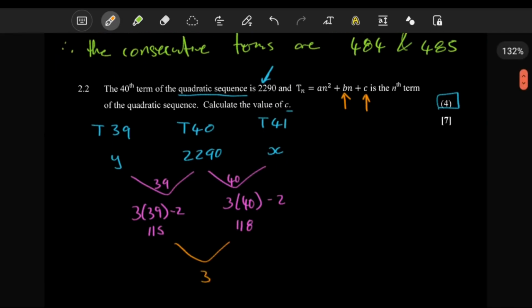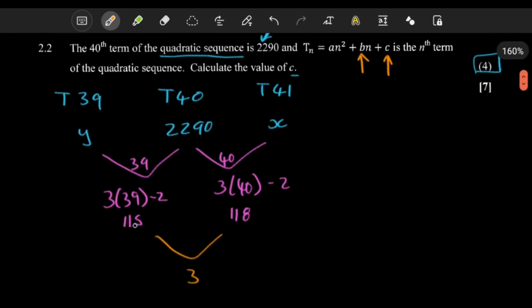And here's what I'm thinking. Since we have this 115 here and we have this 118, we can easily get this value, or that value. From all that we have explained, we already know that 2290, if you add this 118, you should get a value for x over there.